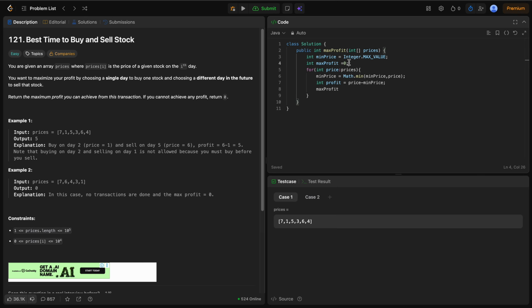So if I initialize with 0, I can directly return it. So in return I need to return the max profit. How can I achieve max profit? It's the maximum, right? Math dot max of, what could be the two values? It's profit and max profit. Clear?